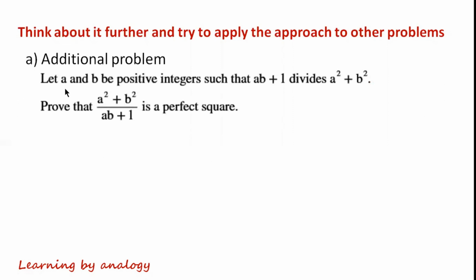Let A and B be positive integers such that AB plus 1 divides A squared plus B squared. Prove that A squared plus B squared over AB plus 1 is a perfect square.